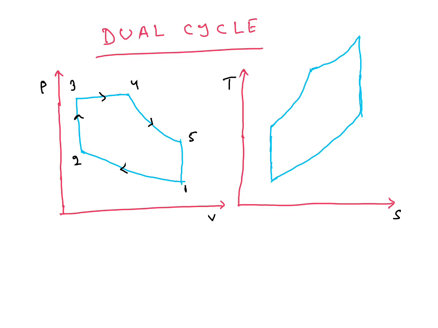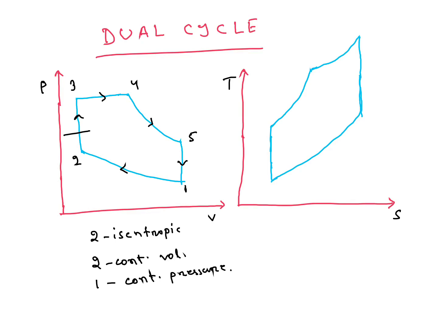So 2 isentropic, 2 constant volume, and 1 constant pressure process. Heat addition, 3 to 4 heat addition, 5 to 1 heat rejection.